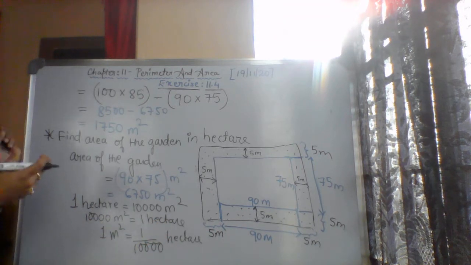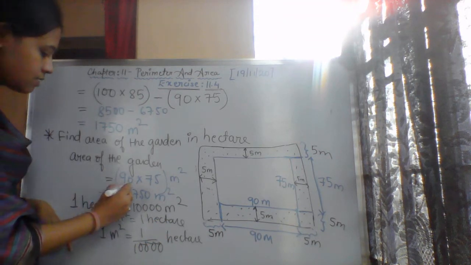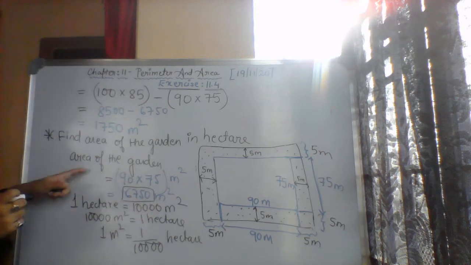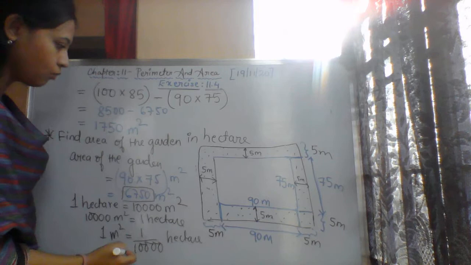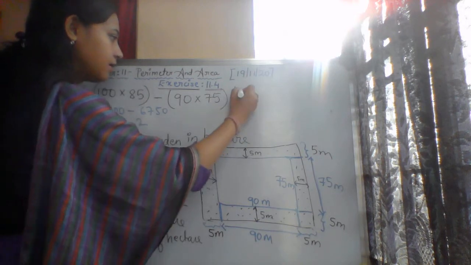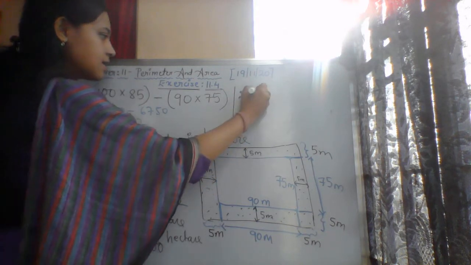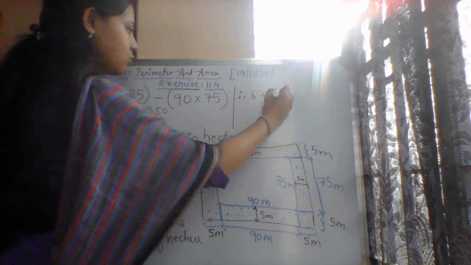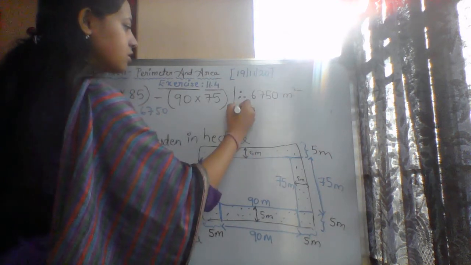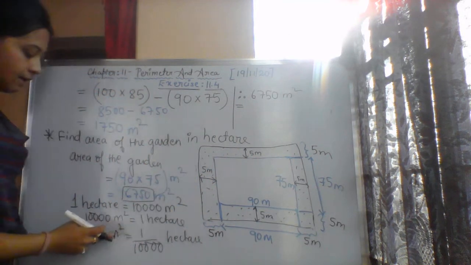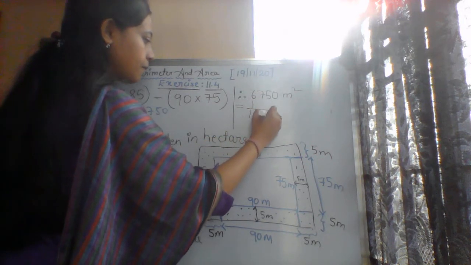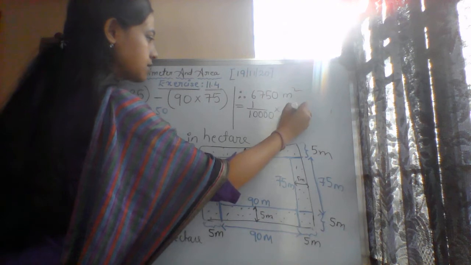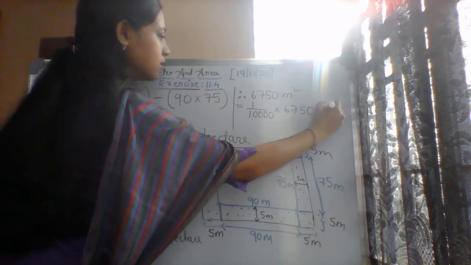Now how much is our value? 6750. We need that much area to be converted into hectare. Therefore, 6750 meter square equals 1 by 10,000 into 6750 hectare.